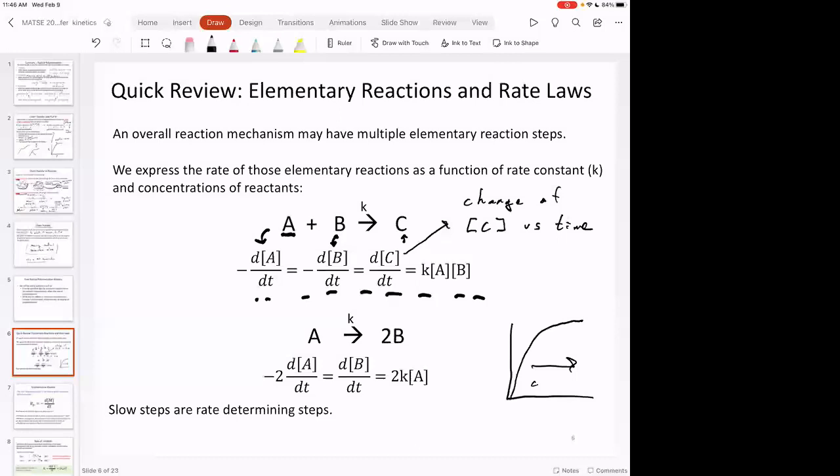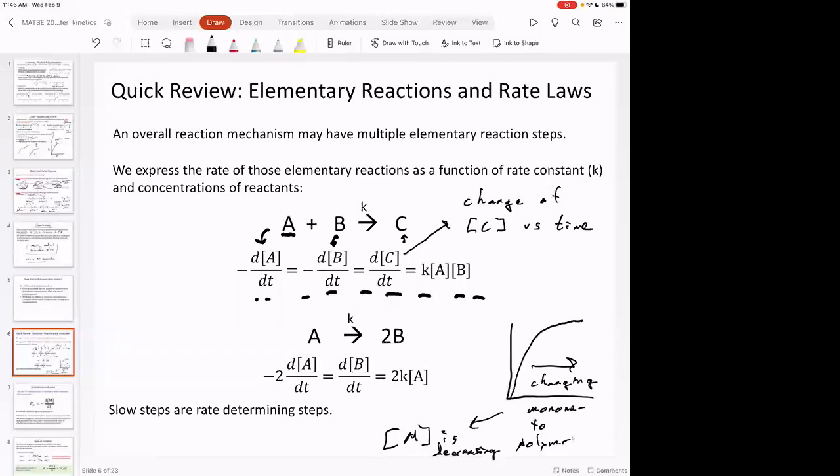So changing monomer to polymer, which means concentration of monomer is decreasing. So that's how we sort of think about this in the context of what that plot is.